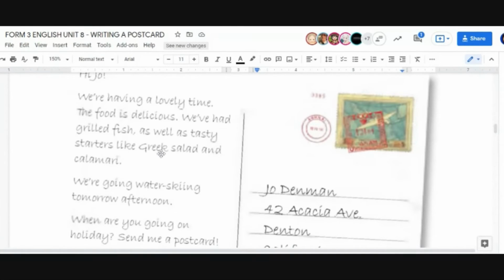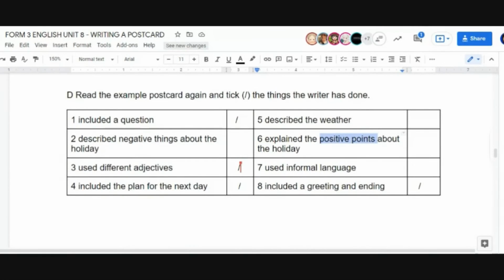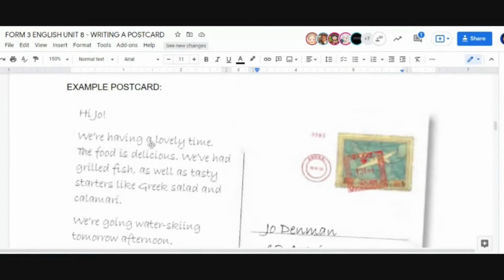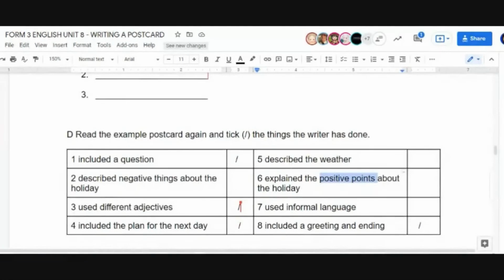So is that a positive point? He said, we're having a lovely time. The food is delicious. Is that positive points? Yes, right? Okay. All right.